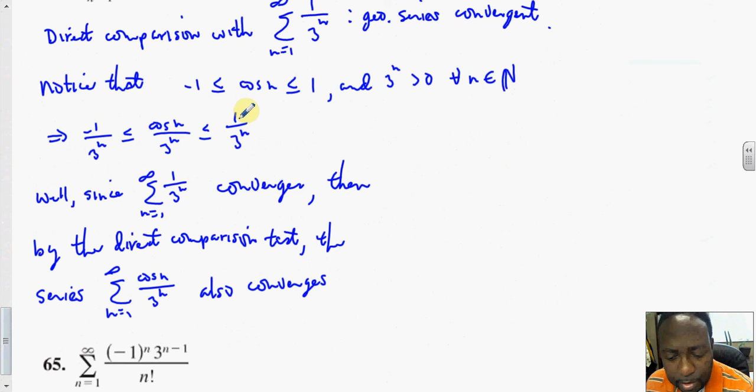Notice that the sequence 1 over 3 to the n is larger than cosine n over 3 to the n. You know that the end result of this guy, its series, converges. So whatever happens before that must also converge.